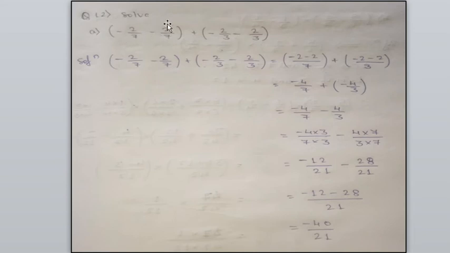In the first two rational numbers the denominator is the same, 7, and in the second two rational numbers the denominator is also the same, 3. In the first two we perform the subtraction as given, and in the second two we also perform the subtraction, and whatever results we get, we have to add. So that is minus 2 by 7 minus 2 by 7 plus minus 2 by 3 minus 2 by 3.